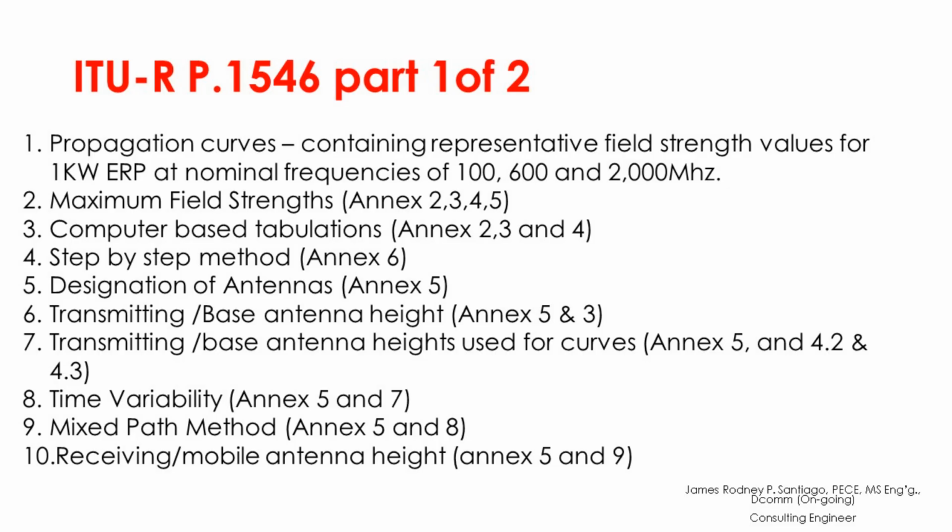Mixed path method: we call the direct line of sight, the Fresnel zones, the diffraction, the tropospheric scatter, and ducting. Those are the mixed paths that we take into consideration. The receiving antenna height, or specifically the receiving mobile antenna height, is standardized here.